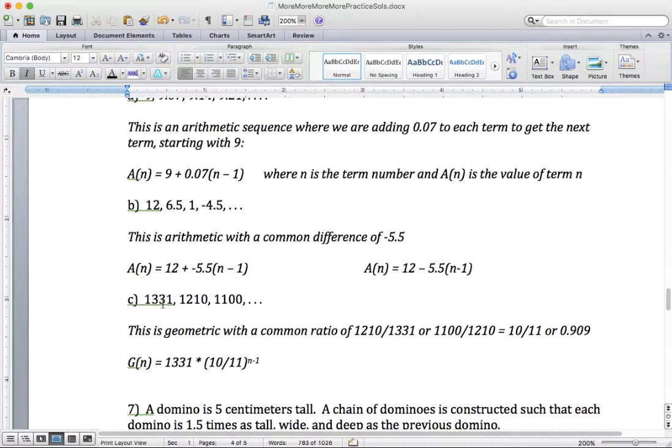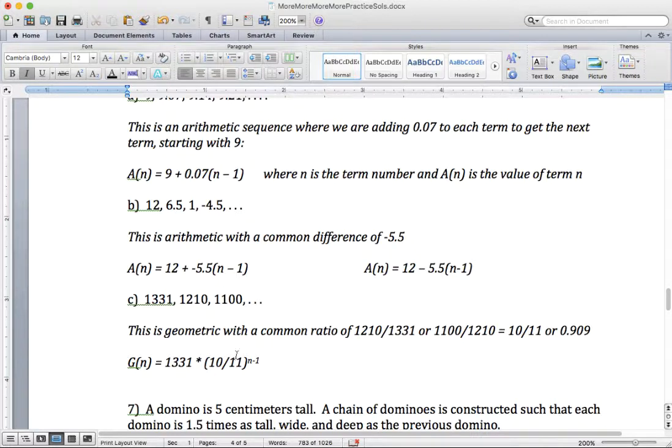Okay, the next one doesn't have a common difference here because subtracting 1331 minus 1210 and 1210 minus 1100 does not give us the same two answers. But when we divide 1210 by 1331 and 1100 by 1210, we do get the same number. In each case, it's equal to 10 over 11 or 0.909.